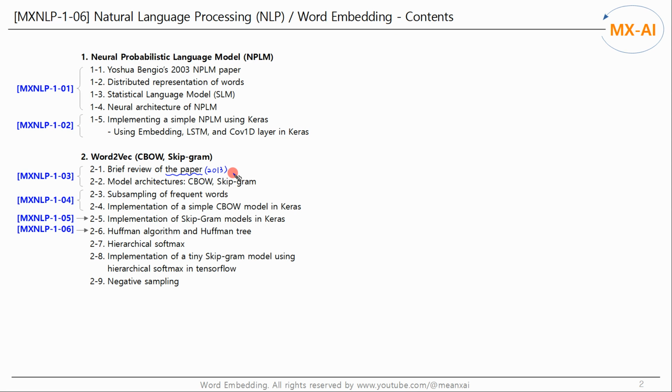Huffman trees assign short binary codes to frequent words, and this further reduces the number of output units that need to be evaluated. In this video, we'll first learn about the Huffman algorithm and Huffman tree, and in the next video, we'll look at hierarchical softmax using this.